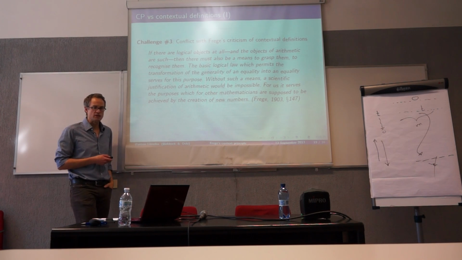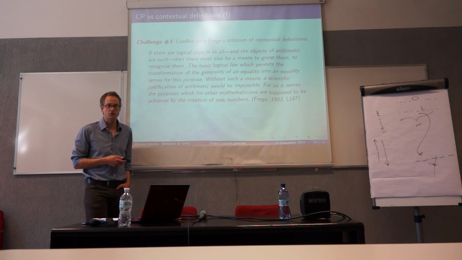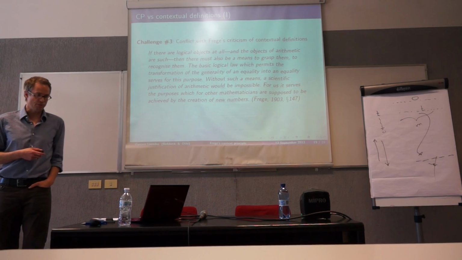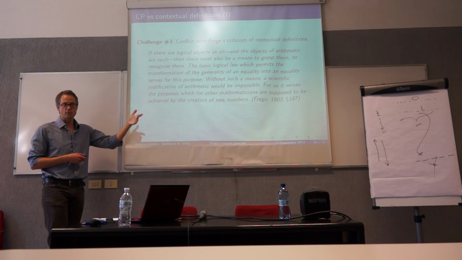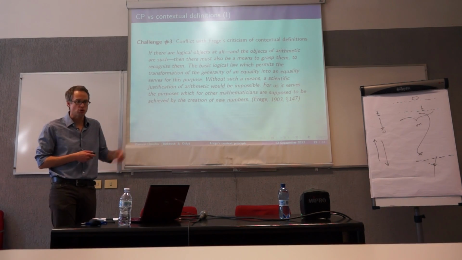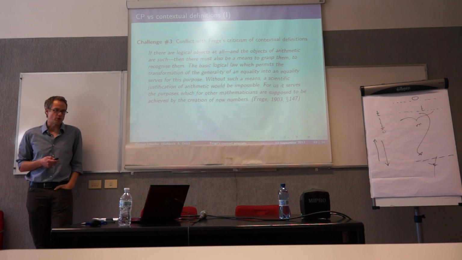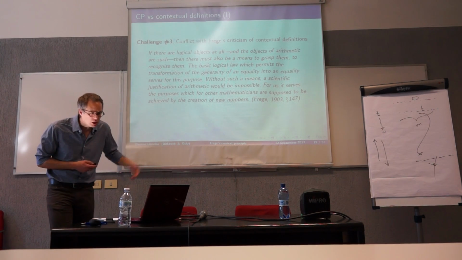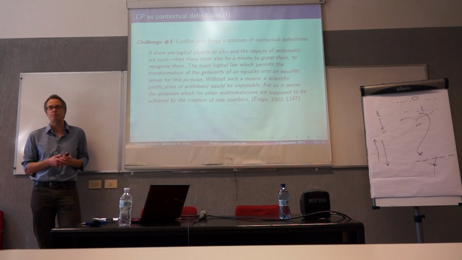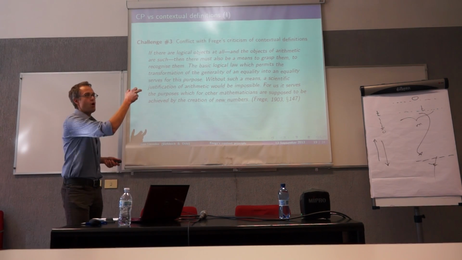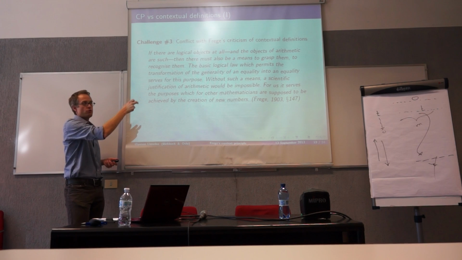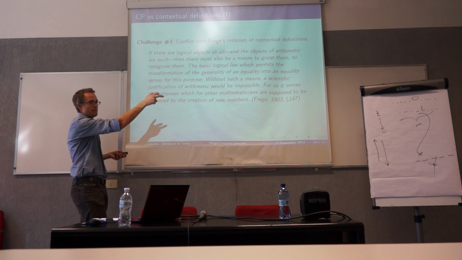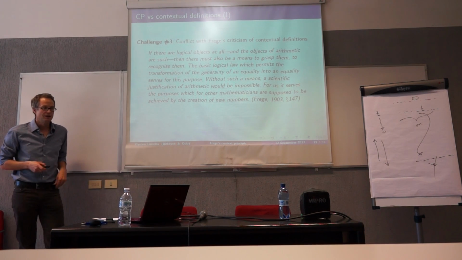So he says, for instance, the following: if there are logical objects at all, and the objects of arithmetic or such, then there must be a means to grasp them, to recognize them. Right? We must have a way of answering our epistemological question. The basic logical law which permits the transformation of the generality of an equality into an equality serves for this purpose. So this is going from one side of Frege's basic law 5 to another, from one side of an abstraction principle more generally to the other side.